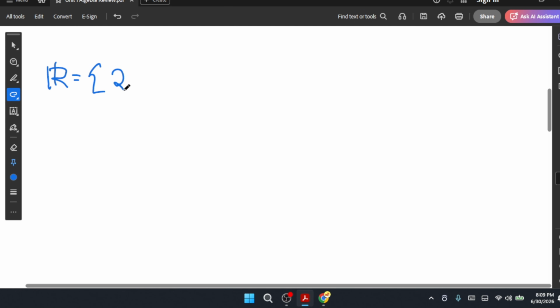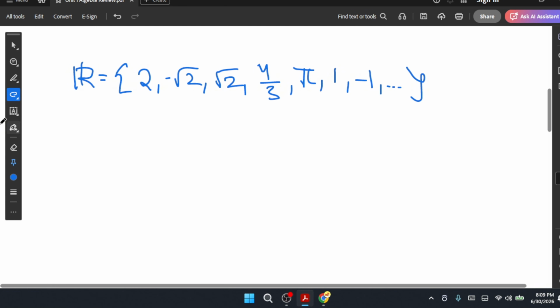Like 2, negative root 2, root 2, 4/3, and then let's say pi. Those are the real numbers and so on, okay.